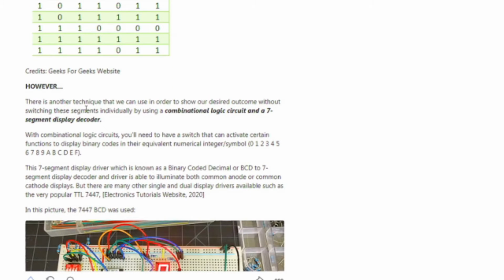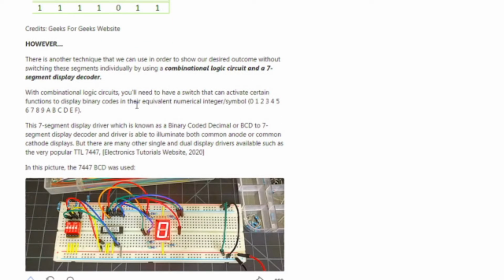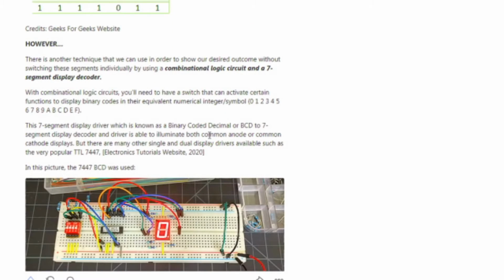Okay, another piece of information: there is another technique that we can use to show our desired outcome without switching these segments individually, by using a combinational logic circuit and a 7-segment display decoder, which requires us to combine commands or switches in one switch.